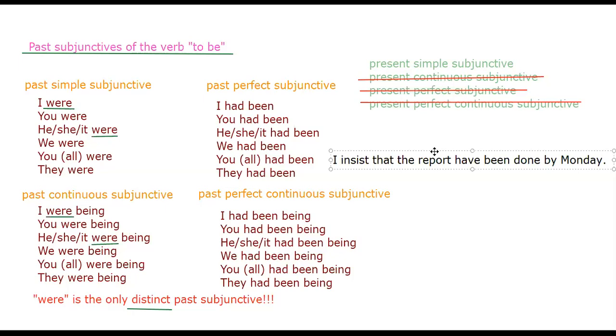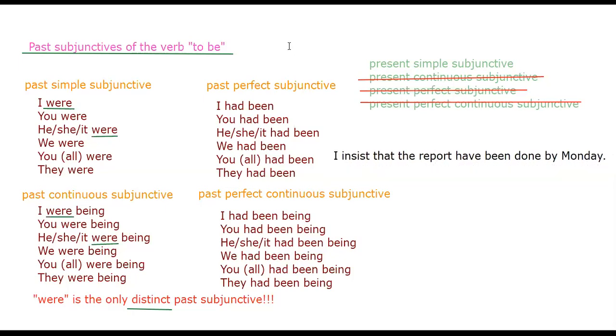Back then, you could actually have a sentence like this where you just have "have been" instead of "has been." And you have the present perfect subjunctive. But again, no one talks like this anymore. People would just use the present simple subjunctive instead. So they would say, I insist that the report be done by Monday. But back then, people actually did speak like this.